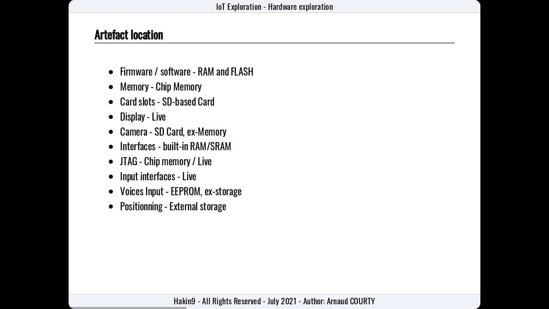Let's talk about interfaces. JTAG is used for component live memory inspection. If this kind of interface is available, do not hesitate to use it. Other input interfaces can be used to explore devices from the console shell or through peripherals like Bluetooth.